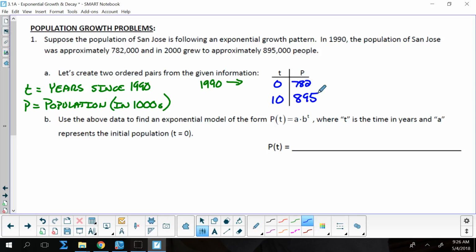Use the above data to find an exponential model in the form P of t equals a times b to the t power, where t is the time in years, and a represents the initial population, where t equals 0. Okay, what's up?